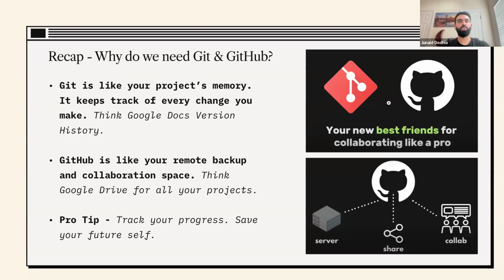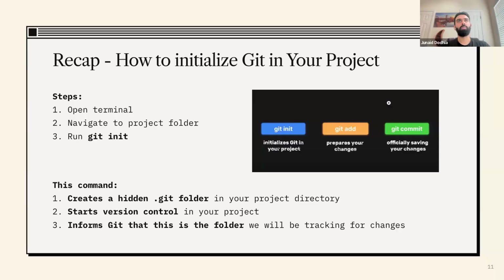One important thing is to track your progress, and how you do that is making sure your commit messages are very specific, and you build your application in iterations and not in one whole go. To initialize Git in your project, you go to your project folder and run git init, and that will tell your project folder that we want to use Git for this project and track version control.